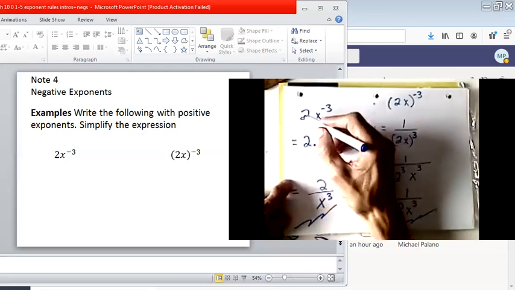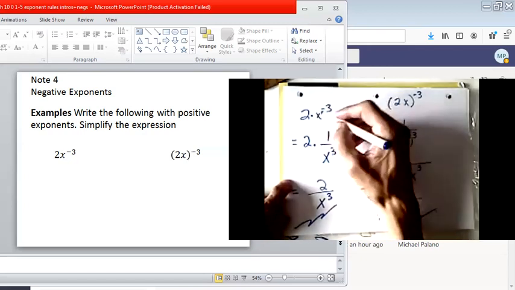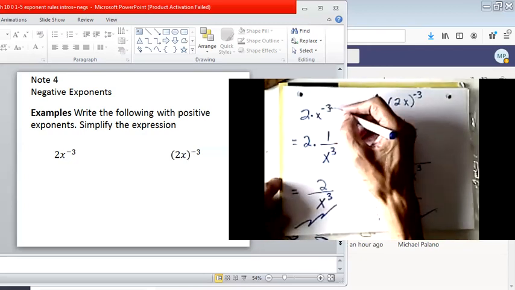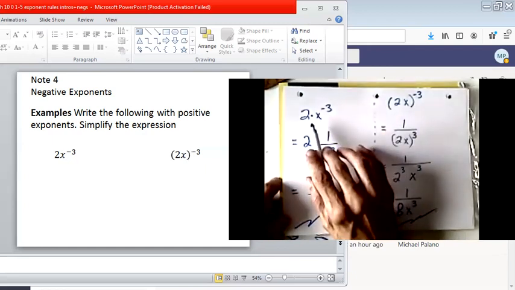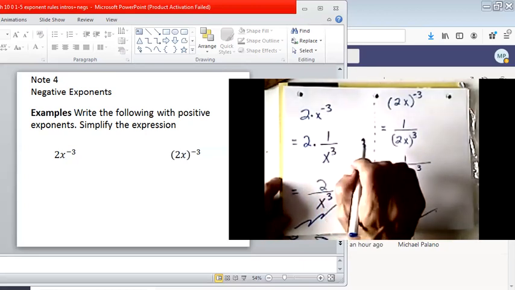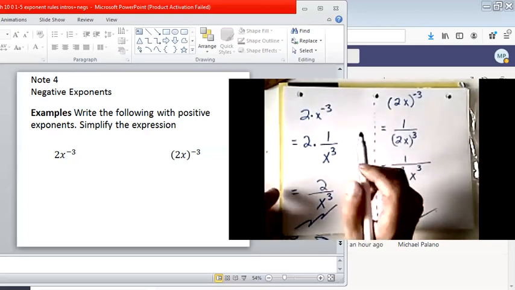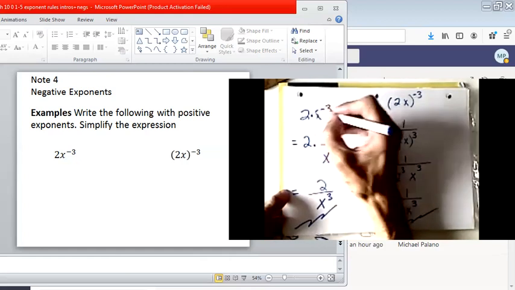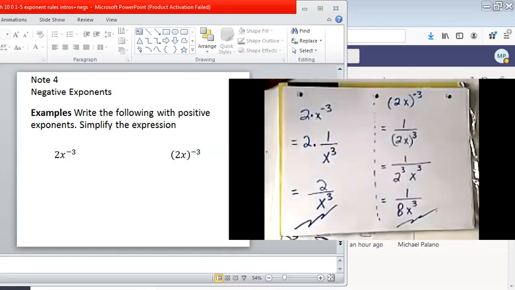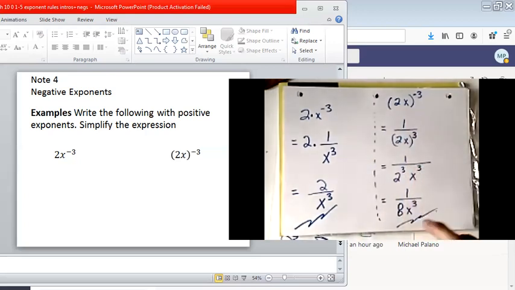You agree that it's 2 times x to the negative 3? Negative 3, yeah. Oh, okay, I got it. Yes? Okay, perfect. All it took was a little dot, eh? Magic. Okay, how about this side then? Is that all okay? That side's good? Yes. Okay.